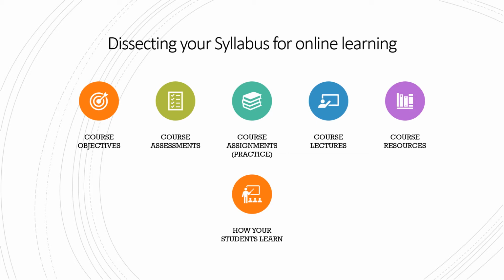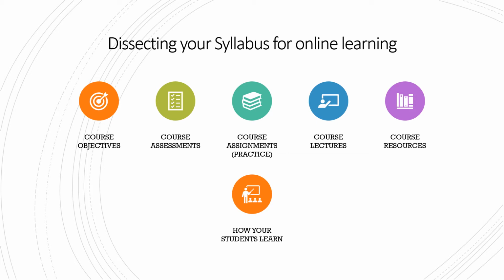And so what I first do is I dissect my syllabus. So I take my syllabus and I break it up into these different parts and pieces so that I can think about them individually on how they need to be formatted and be a part of the online course.